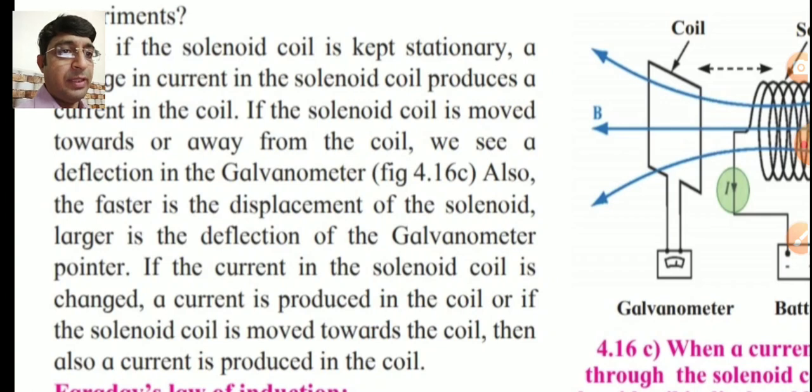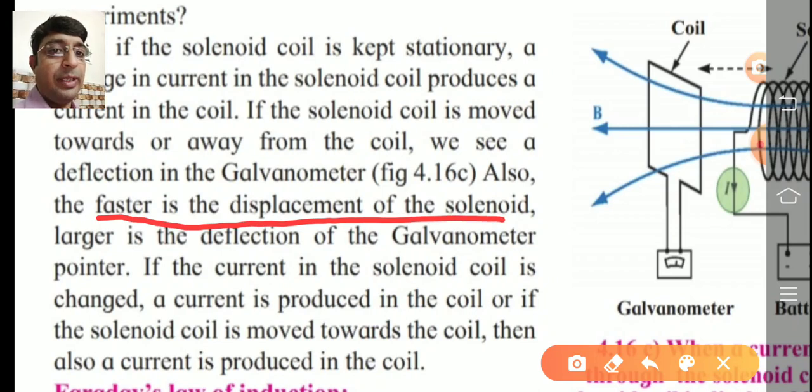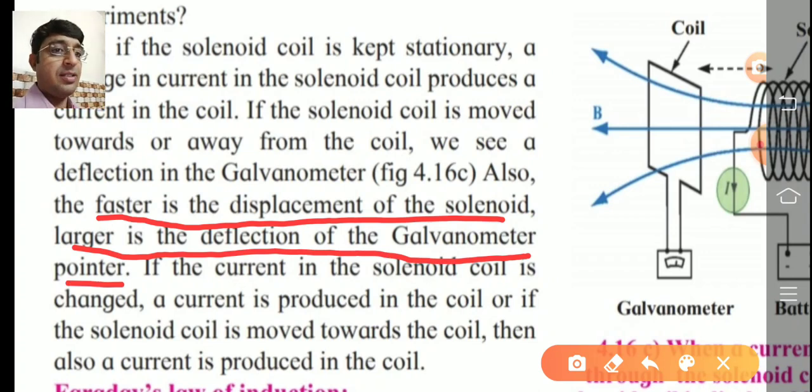That is 4.16c. Also, the faster the displacement of the solenoid, the larger the deflection of the galvanometer pointer. We are moving that solenoid coil very fast, so what we observe in the galvanometer is that the deflection of the needle is also larger.